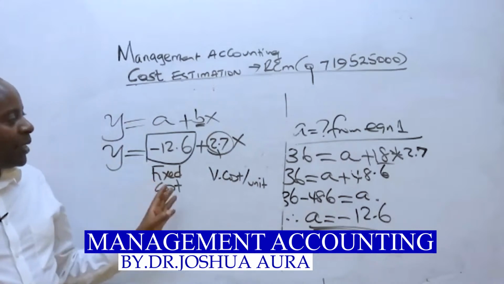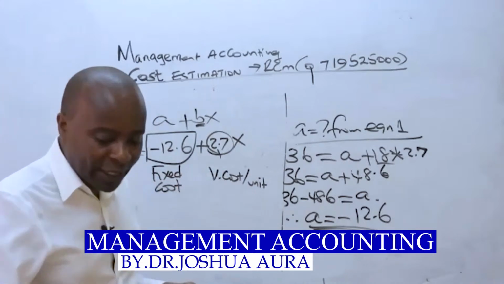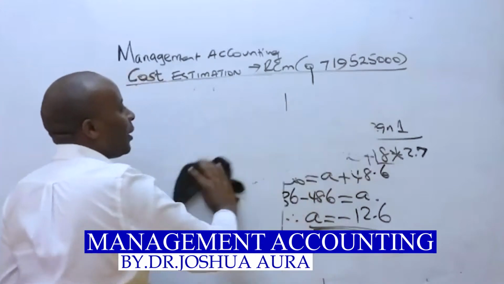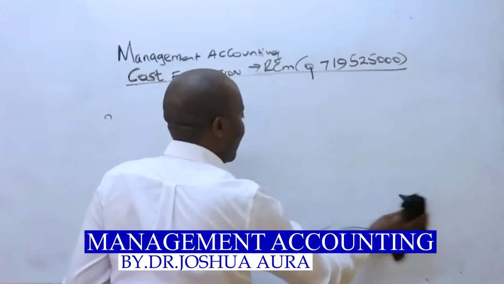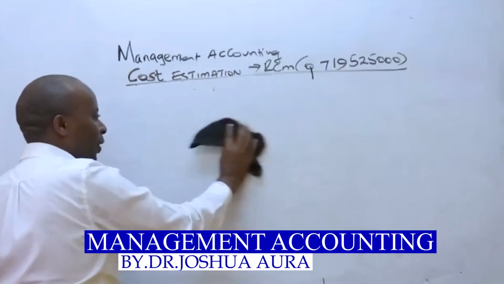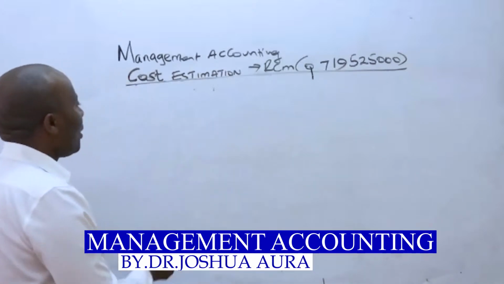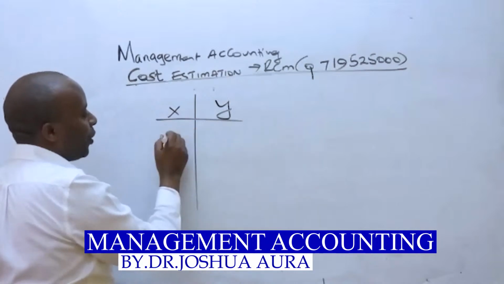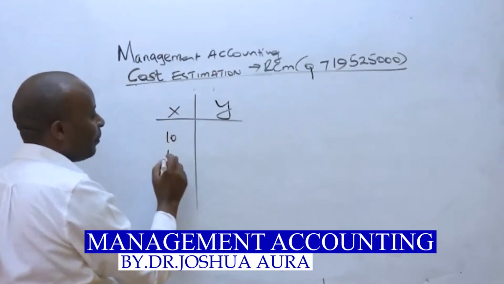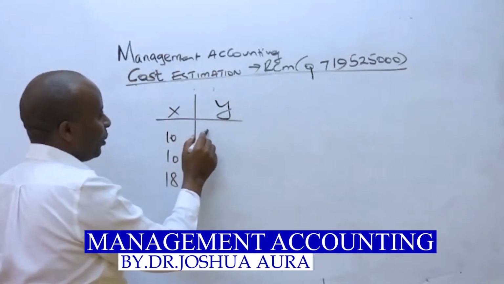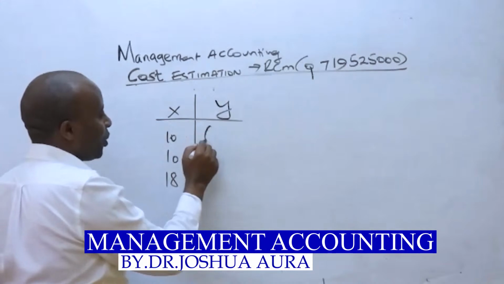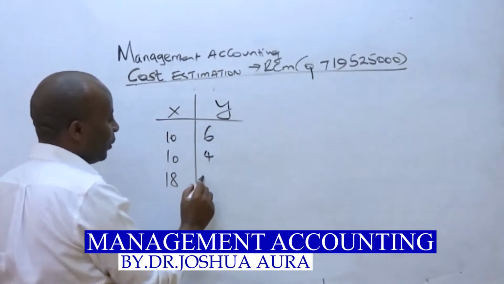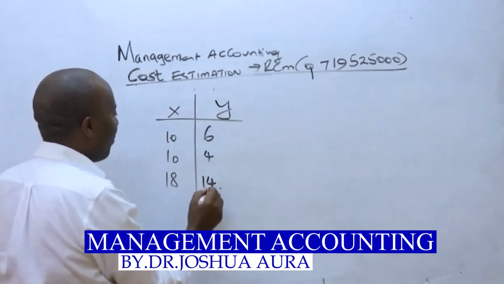Great. So I want to imagine that you've been able to pick a concept there. But what if, for example, ladies and gentlemen, you went ahead and found this kind of a thing? So we have here X, we have here Y. So we have 10, 10, 18. Then we have here, for example, 6, 4. And then we have here 14, for example.